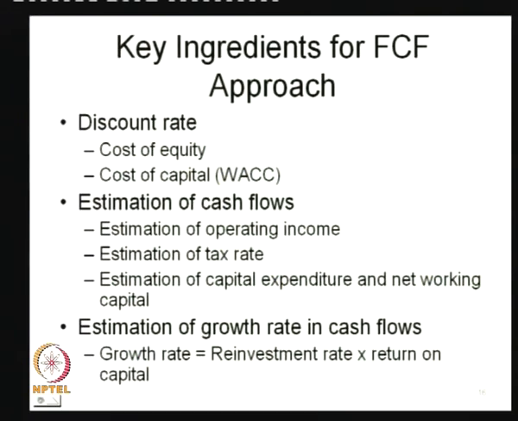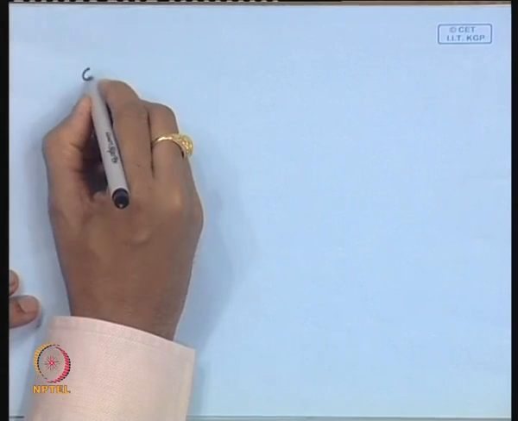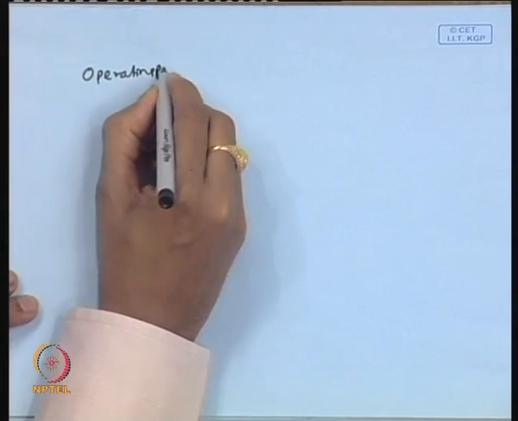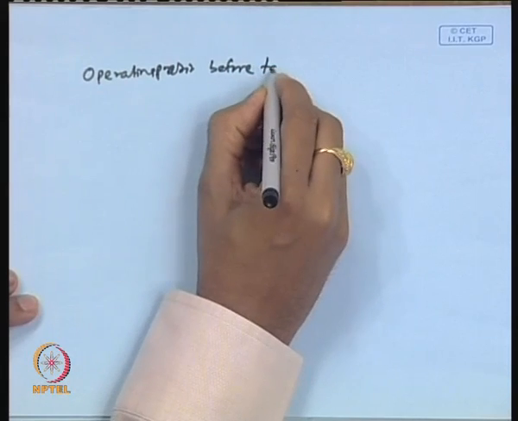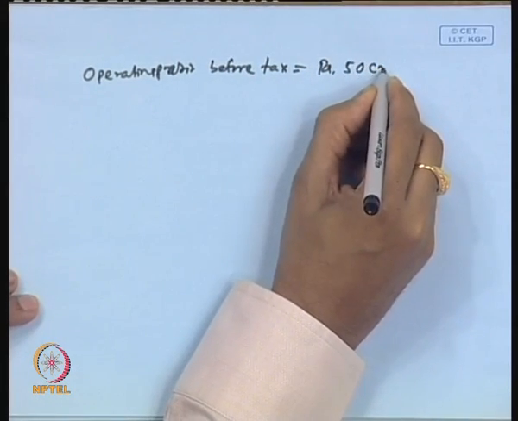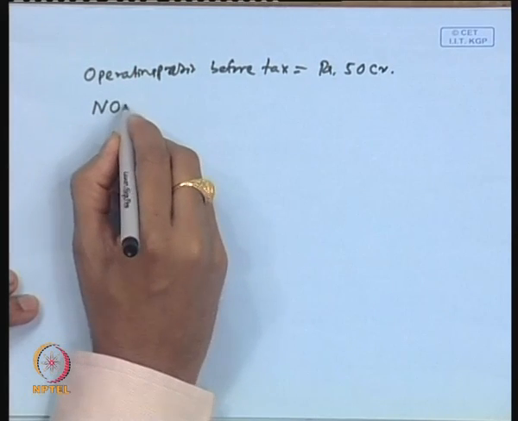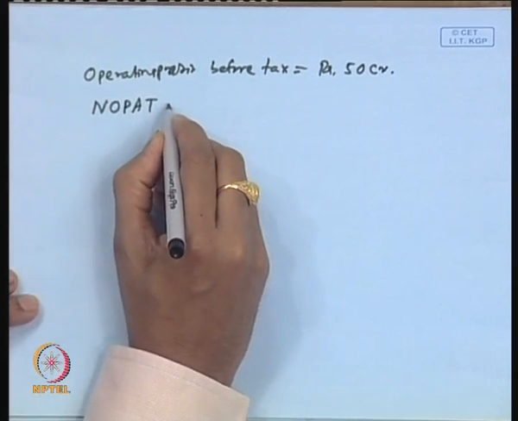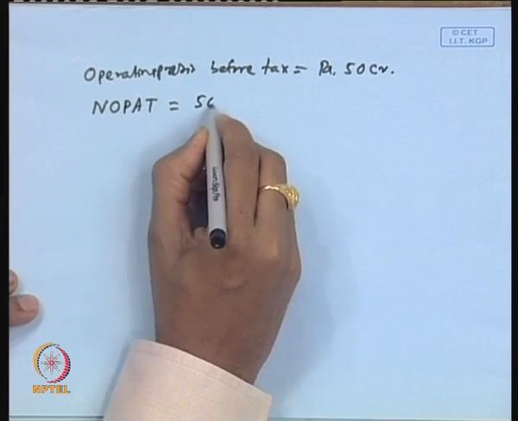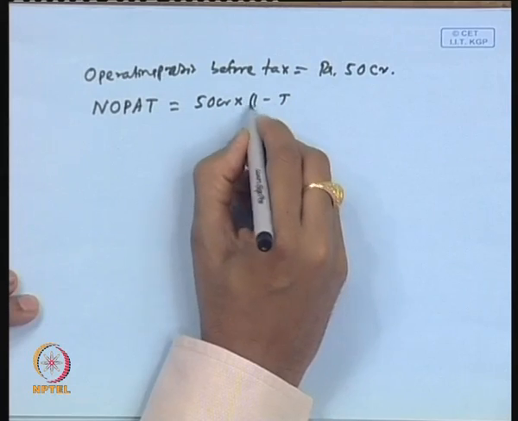Operating income is found out by taking the operating expenses out of the operating sales income, and then one has to adjust for the tax there. If the operating profit is x, you multiply by 1 minus t, and it becomes the operating profit after tax. So, if the operating profit before tax is rupees 50 crore, the net operating profit after tax, called NOPAT, is 50 crore into 1 minus the tax rate.